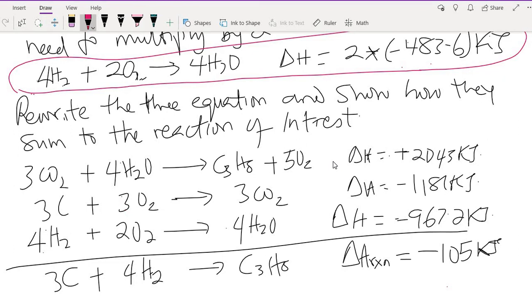So CO2 needs to be got rid of. We have 3 moles of CO2 in the reactant, and also here in the product 3 moles. So we can cancel them because 3 minus 3 gives us 0. Then we come here, we have 4 molecules of water in the reactant, and we have 4 molecules in the product.